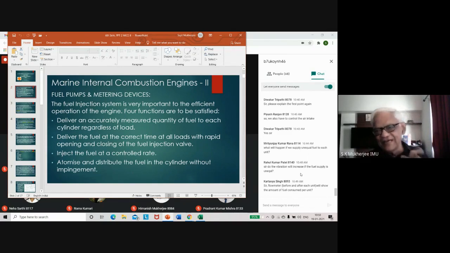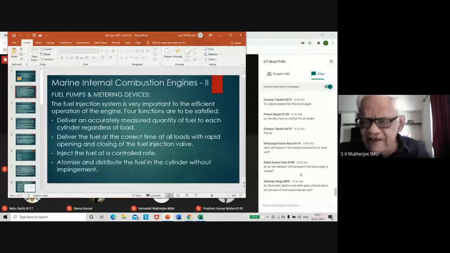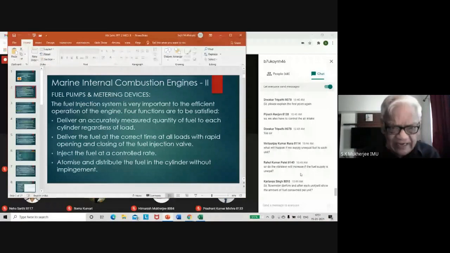If every unit had a flow meter, you would be spending your entire time in the engine room reading flow meter readings. But anyway, good that you are getting yourself clarified on these small issues. You cannot have so many flow meters for every unit.